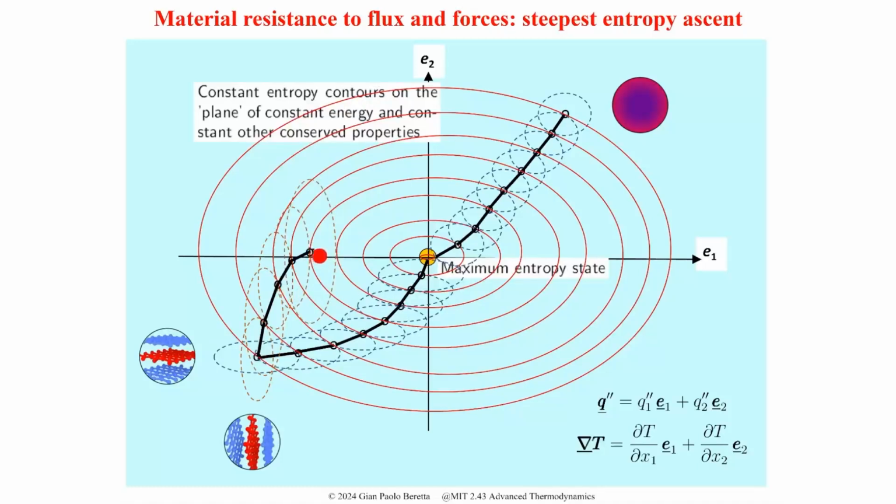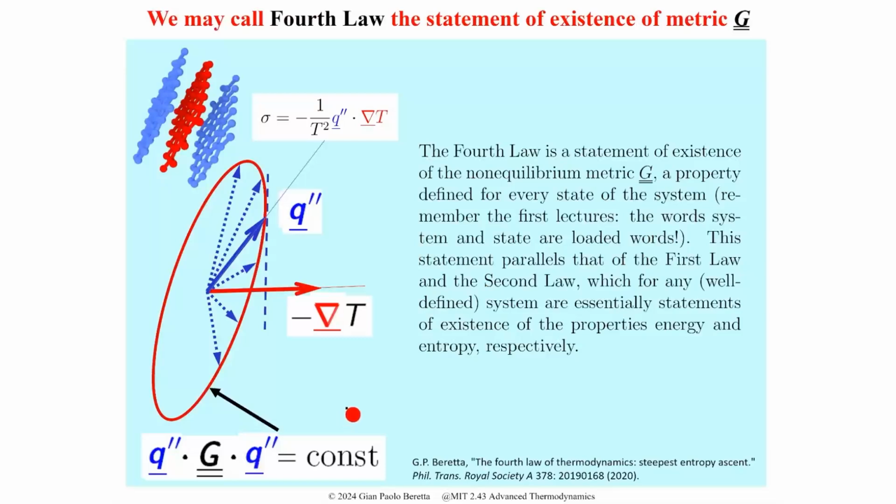Maybe it even overshoots a little bit, and then goes back to equilibrium. Okay, so this is the role of the metric. This is for a heat transfer problem, but you can also view it in a more general context.